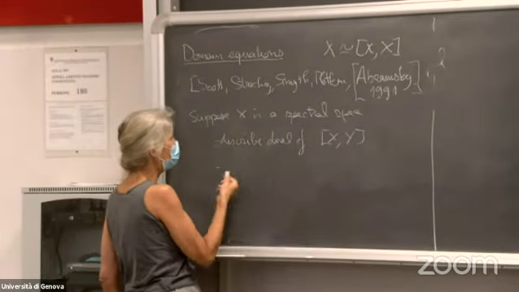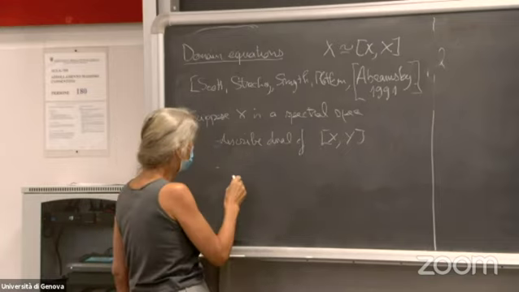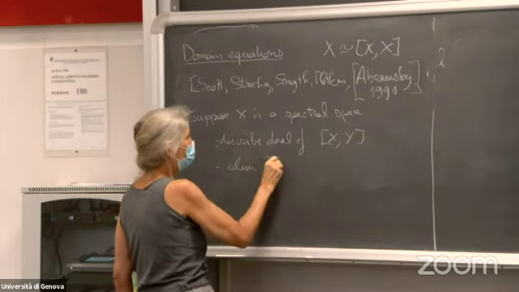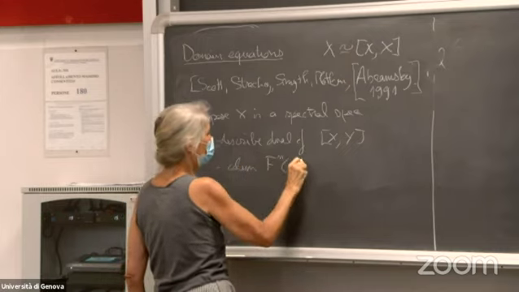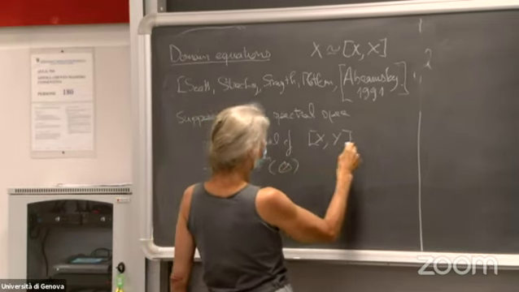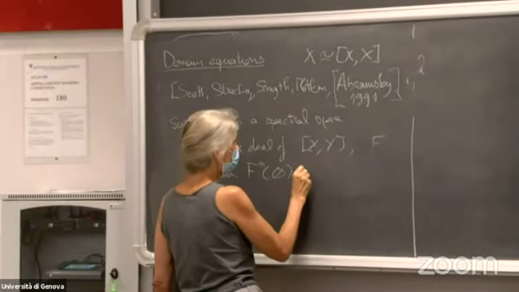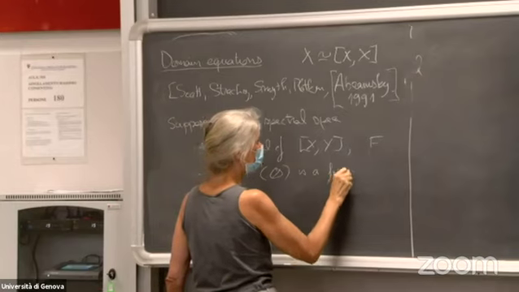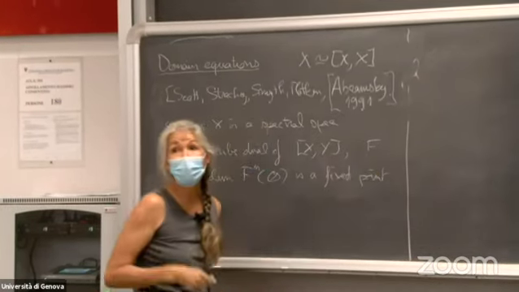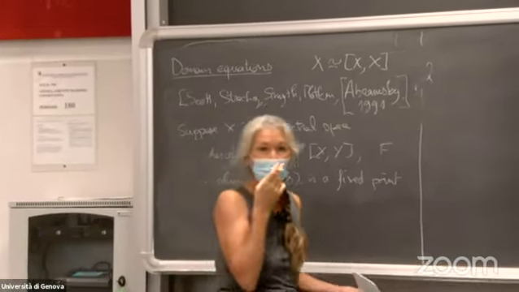So if we take the free algebra on the empty set for the dual thing, in other words, this means we take the colimit of F^n of the empty set, where F is the dual, let's call it F. Then this is a fixed point. And of course, the dual of a fixed point is a fixed point, right?